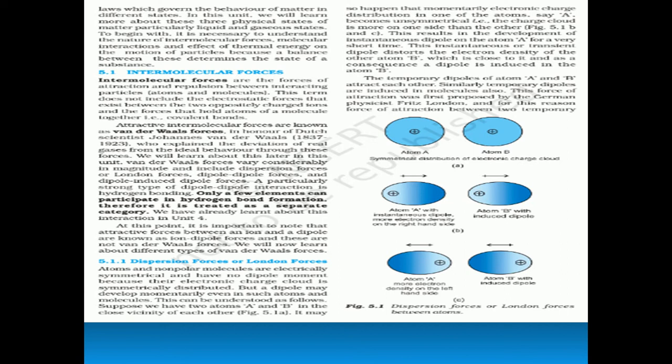So instantaneous or temporary dipoles arise, and these distort the electron distribution of the neighboring atom. Here the atoms are A and B, you see A and B, and here the electronic charge cloud is symmetrically distributed in the first figure, and in the second figure, due to the temporary dipole moment, it distorts the electron distribution.